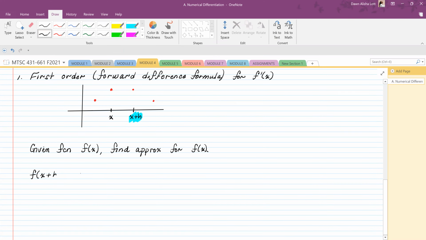This time, I still want to derive the derivative at x, but I'm going to use x plus h, and I'm also going to use x plus 2h.